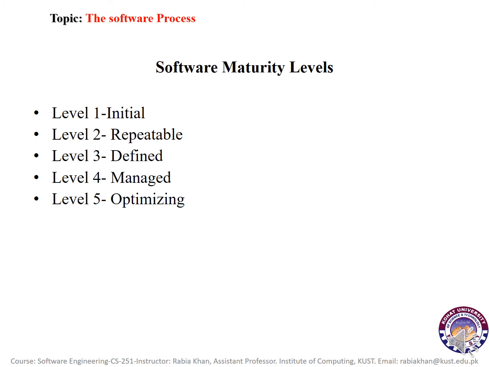The more a software process is matured in a software development organization, the better the quality of its products will be. So there are 5 levels for software process maturity.